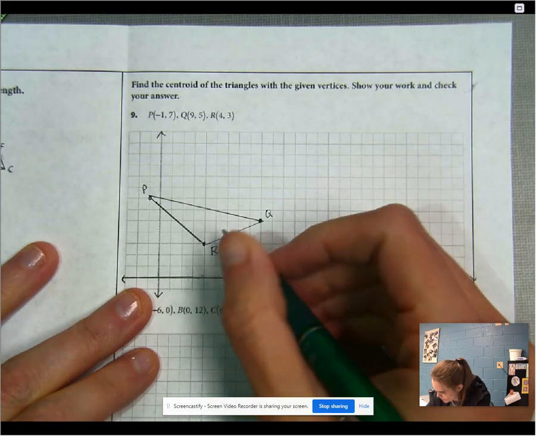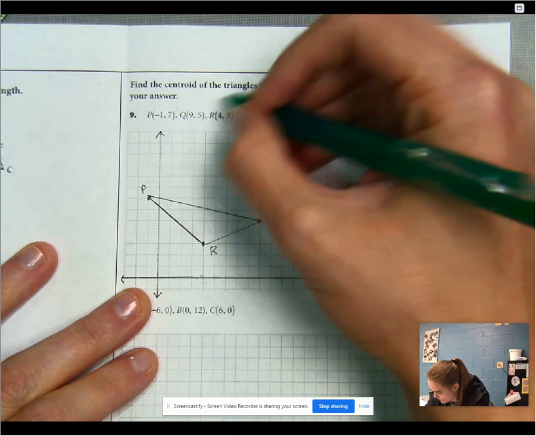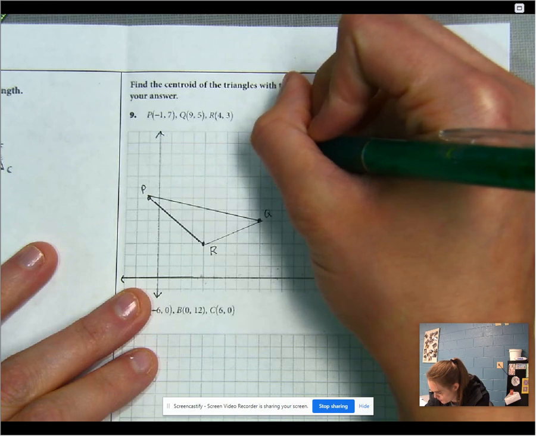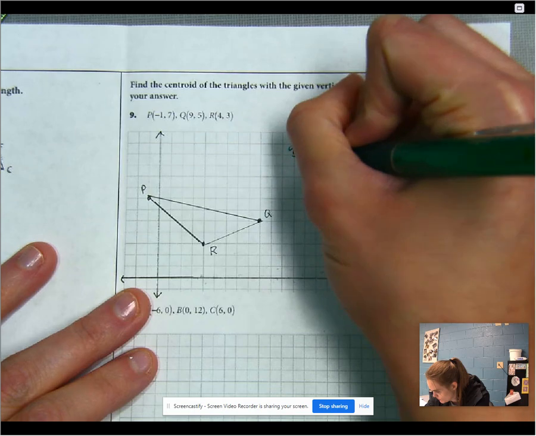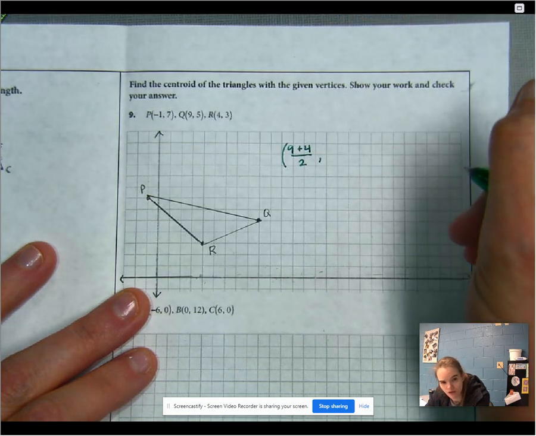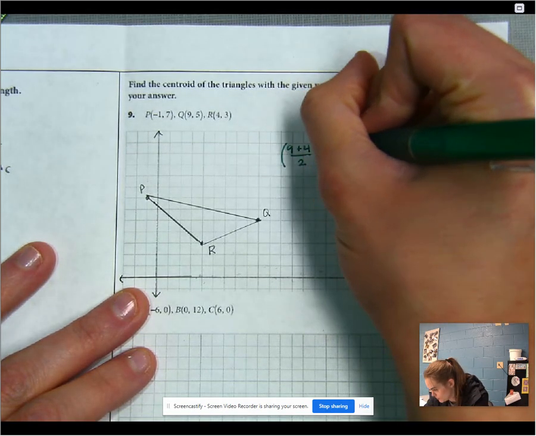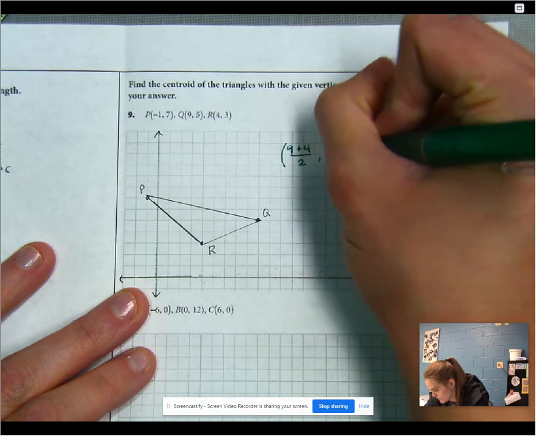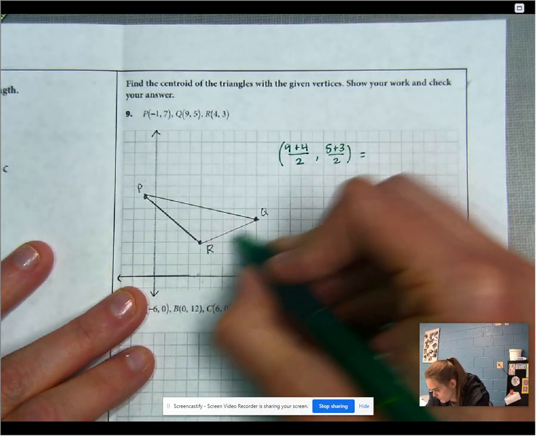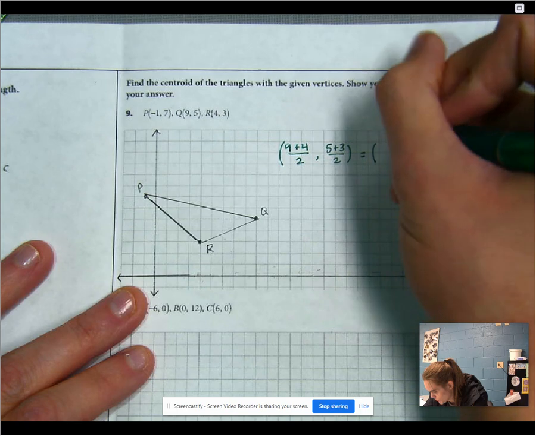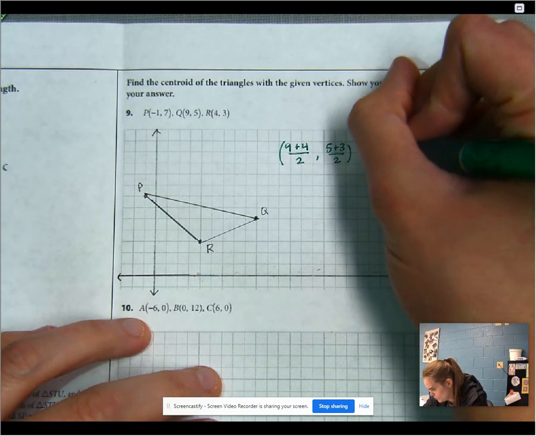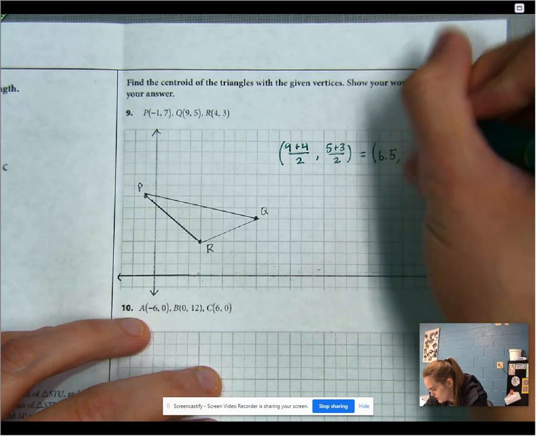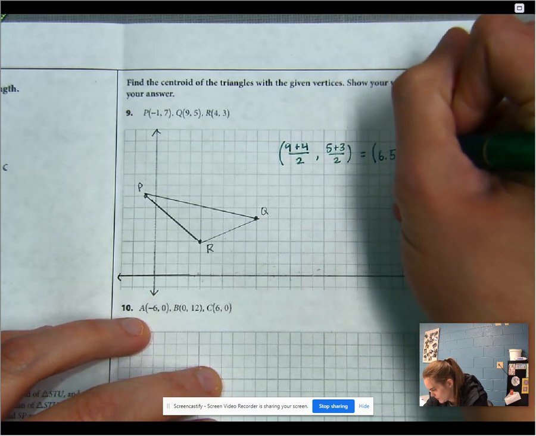Okay, so R is at (4, 3), and Q is at (9, 5). So the midpoint of RQ is (9 plus 4) over 2, and (5 plus 3) over 2. Remember, it's finding the averages basically. So that is the midpoint of this. 9 plus 4 is 13, divided by 2 is 6.5. 5 plus 3 is 8, divided by 2 is 4.